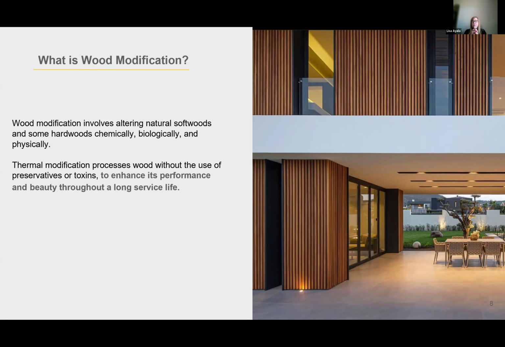Just to back up, I have experience in all levels of modification. I've been through the chemical processes, I've been through the physical resin impregnation type processes, and certainly the thermally modified. I love the thermally modified type process because it is really using just heat and steam. So that's it. We'll get into that a little bit more, but no preservatives or toxins.